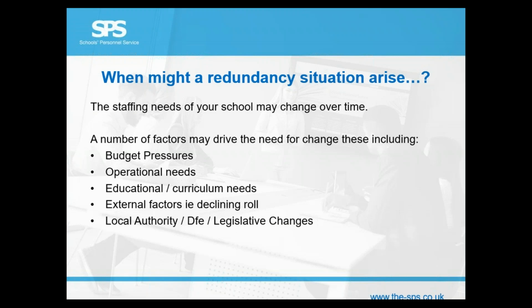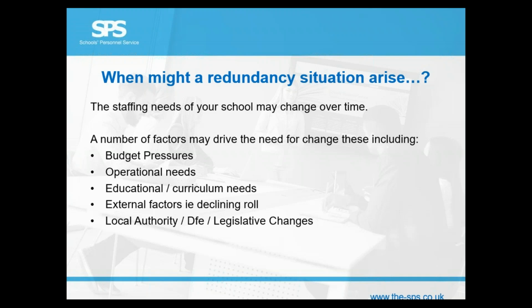Clearly schools, like any organisation, aren't static, and the staffing needs of your school or academy may change and flex over time. What we've learned working with schools is that there can be a wide range of drivers for those changes that need you to reflect and review how your staffing structure is organised. On screen we've captured one of the most common ones, primarily budget pressures.